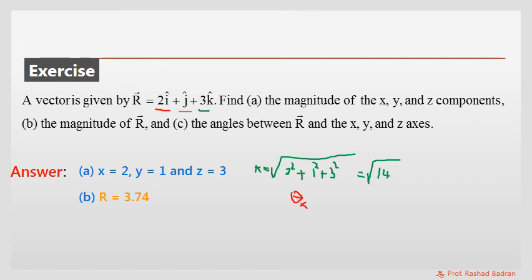Now determine the angle between the r vector and the x component, which has an angle named theta x. Apply the cosine identity, cosine theta x is equal to the adjacent, which is x, divided by the hypotenuse, which is the magnitude of the vector r. The x component has a magnitude of 2, where the magnitude of r is obtained just right now as 3.74.